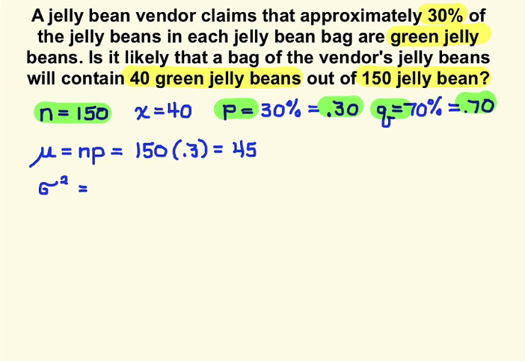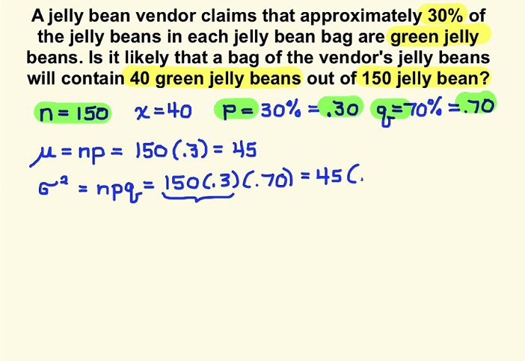Now let's find the variance. The variance is N times P times Q, or 150 times 0.3 times Q, which is 0.7. Well, we already found the 150 times 0.3, that's 45. So we just need to multiply 45 times 0.7. Using my calculator, I get 31.5.